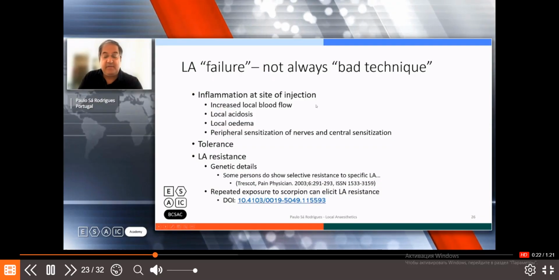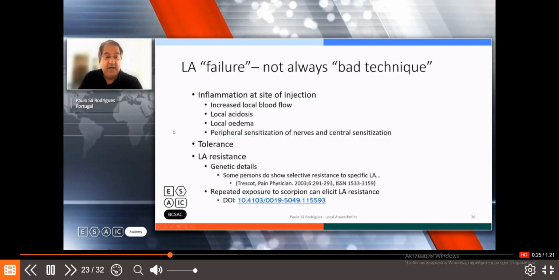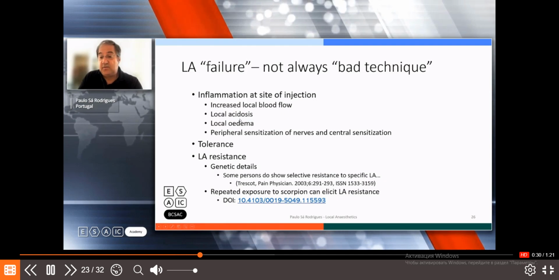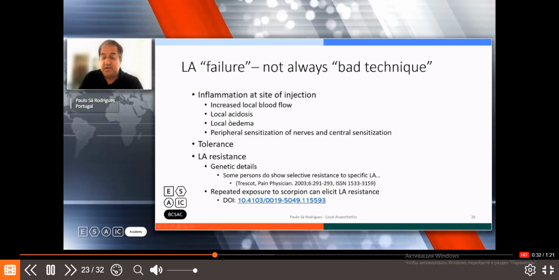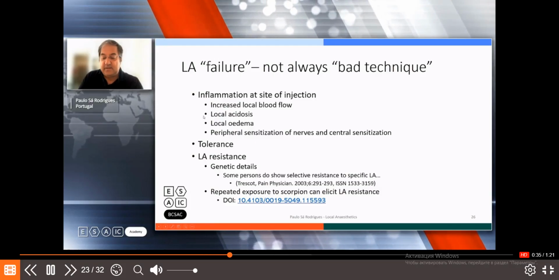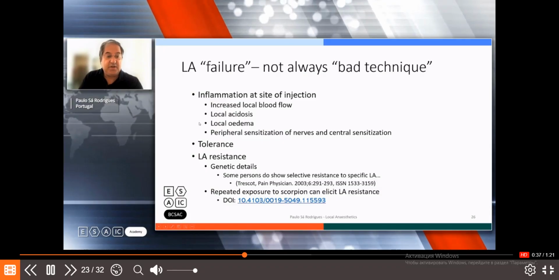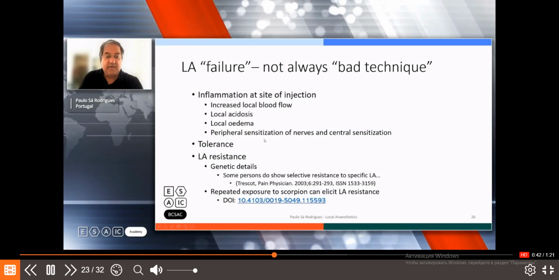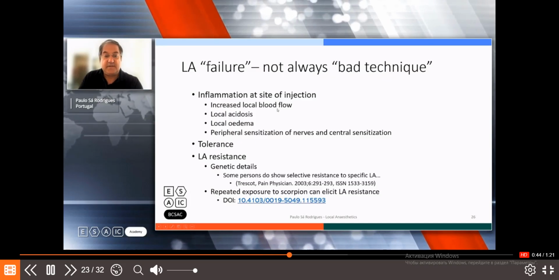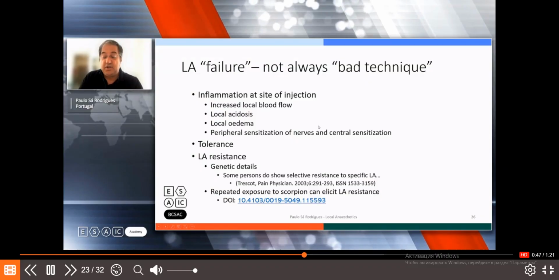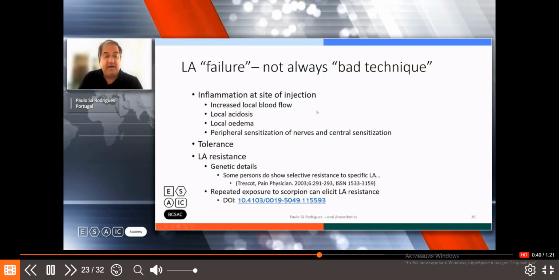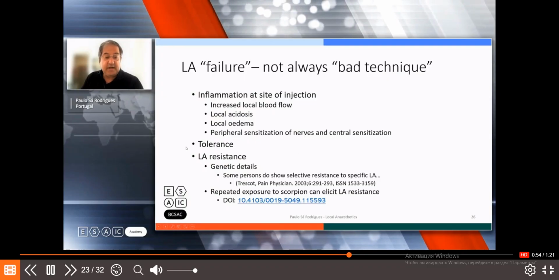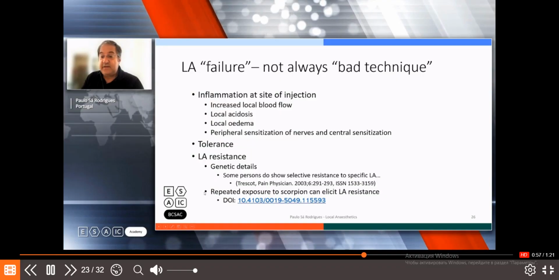So there may be inflammation at the site of the injection, which increases local blood flow and produces acidosis, so it will diminish the amount of local anesthetic available to penetrate tissues and cells. And due to the local edema, the sensitization of nerves and central sensitization, it may diminish the effect of local anesthetic. Also, there may be tolerance developed over time.